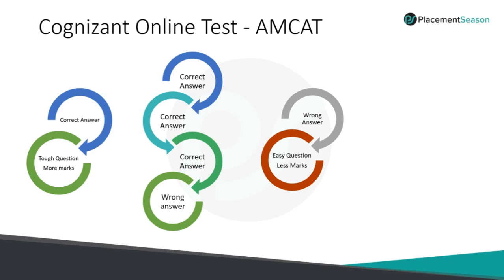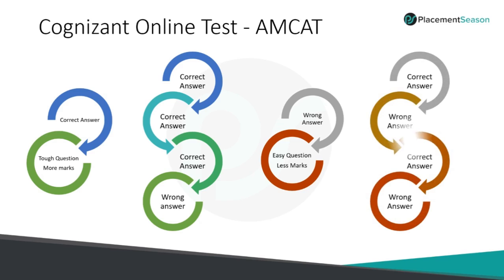Now let's see another way where you can lose marks. Here, the first question is correct, which has 5 marks, so you get 5 marks. And the second question, you answered wrong, so you lose 6 marks. Now your marks are 5 minus 6, which is minus 1.